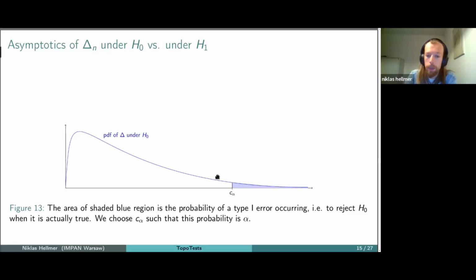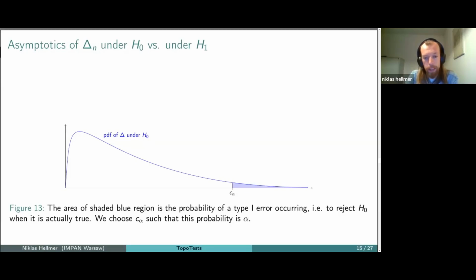And under the null hypothesis, if we have a test statistic greater than C alpha, then we make what is called a type 1 error. And we chose C alpha in such a way that this probability, which is in this illustration this shaded blue area, so the area of this shaded blue region should be alpha. Okay.